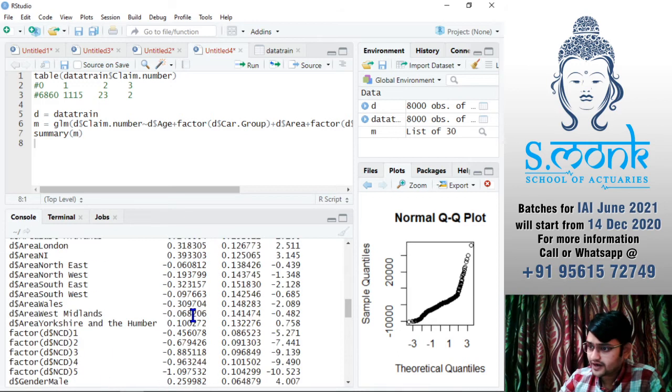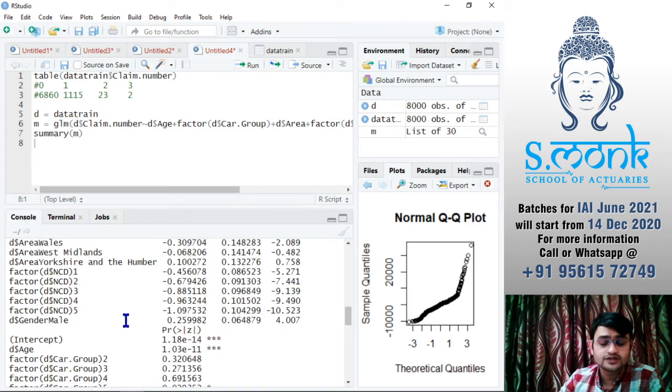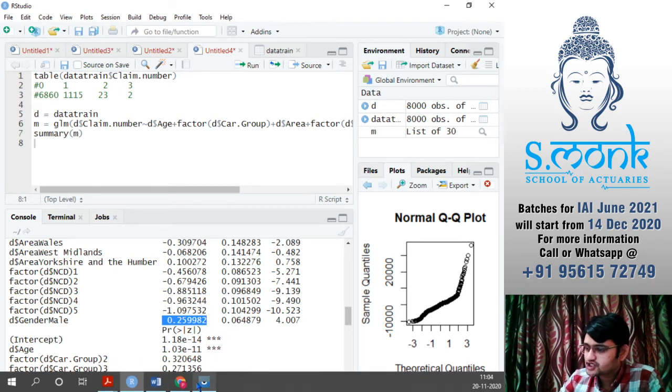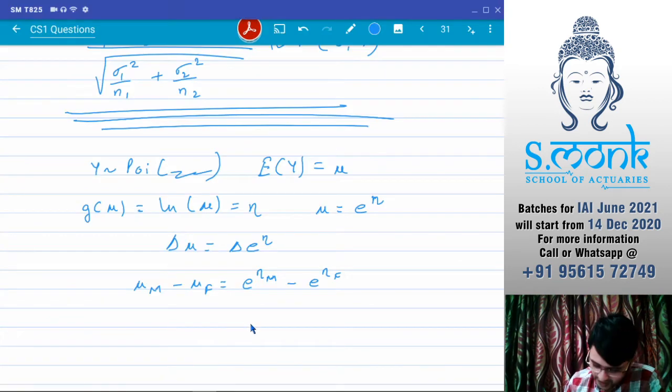So the female parameter has been taken as 0, and relatively the male parameter is 0.25998.